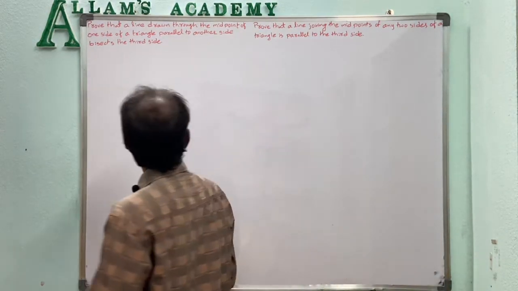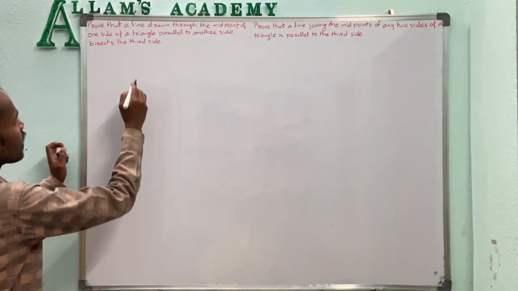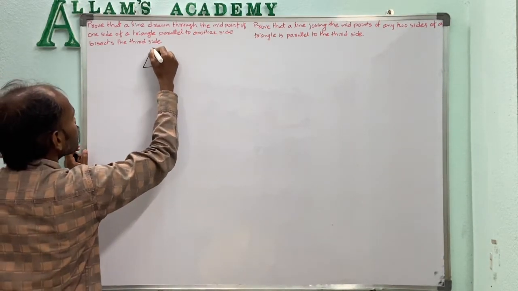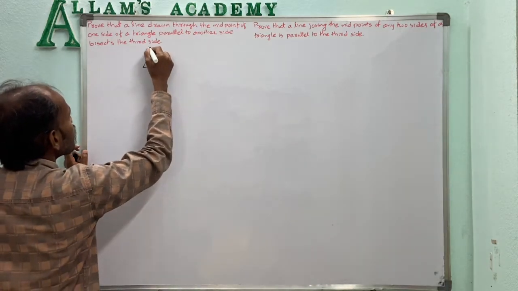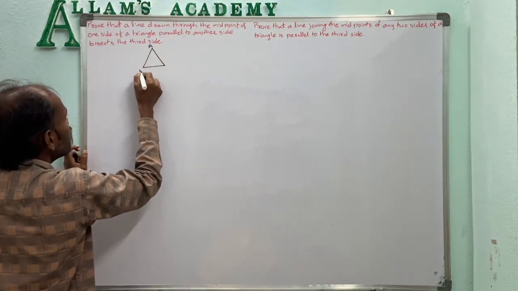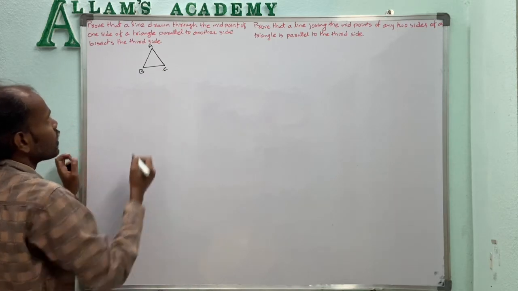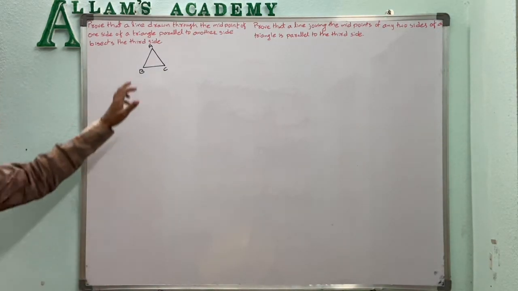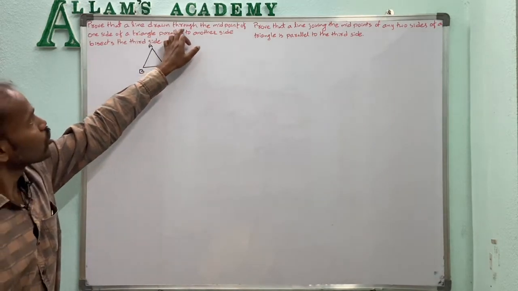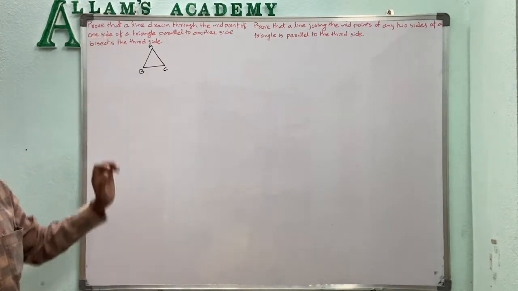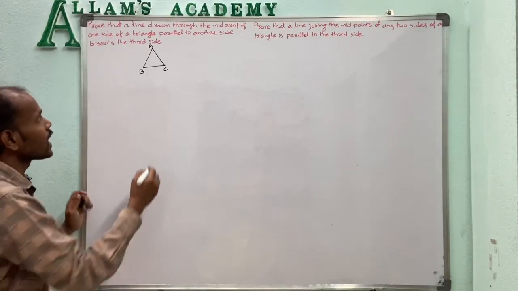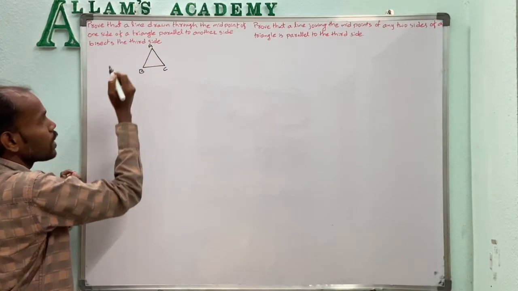Okay, so here we are taking a triangle. So in a triangle ABC, a triangle taken. In the triangle, a line drawn through the midpoint of one side of the triangle. So I am taking the triangle's AB side.